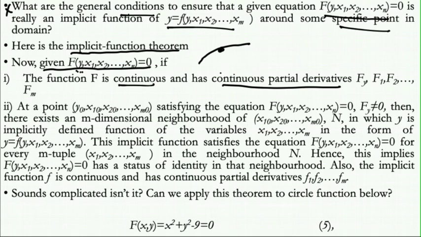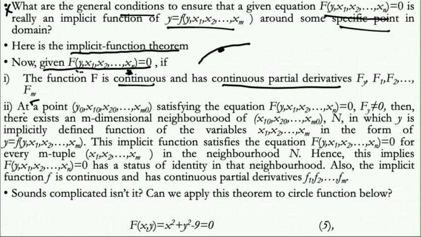We don't have a step function, we don't have missing values in the middle and whatnot. That also means we can find partial derivatives such as f1, f2, until the last one, which is fm here.